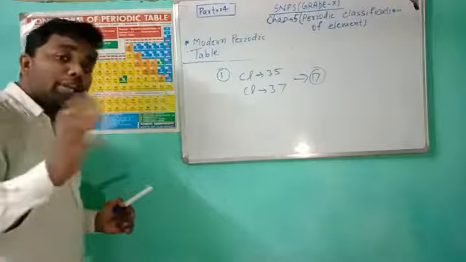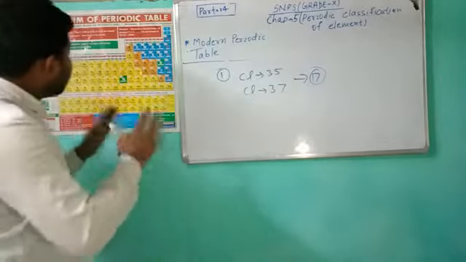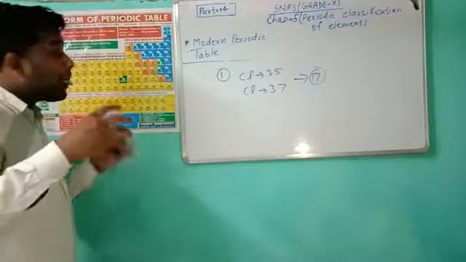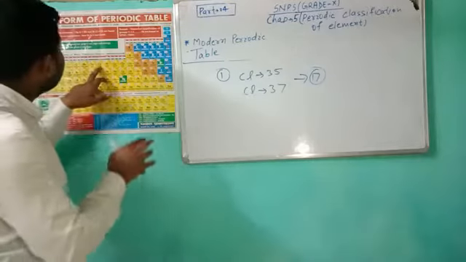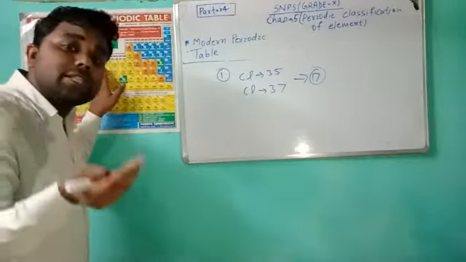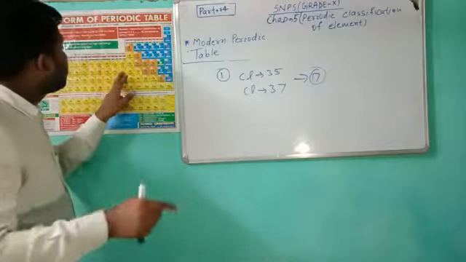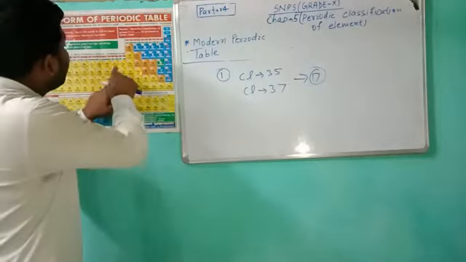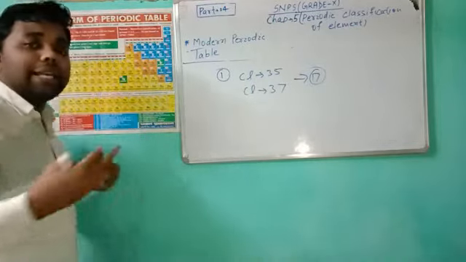But when the modern periodic table was introduced, they found that cobalt has 27 protons in the nucleus and nickel has 28.